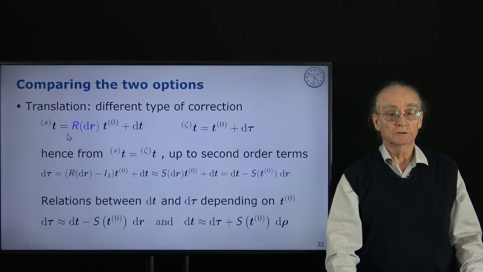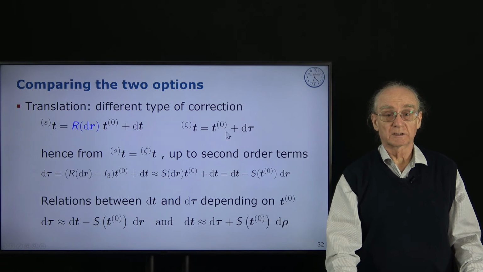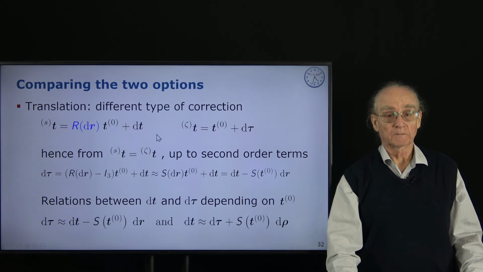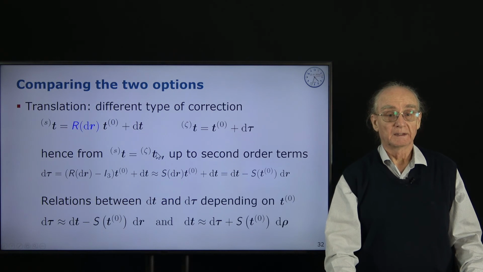So the translation component in the first representation was this with the rotated, differentially rotated translation vector, which may be large, plus the change in the translation. And in the second representation, we just had the additive correction. Now, let's assume that these two are the same. That means these expressions are the same.